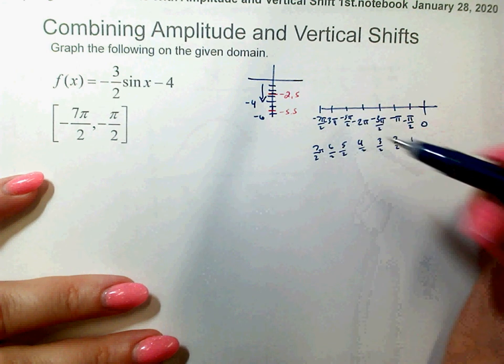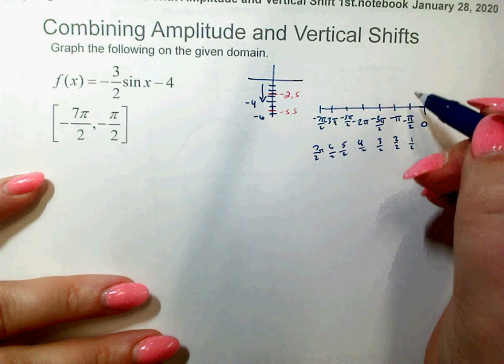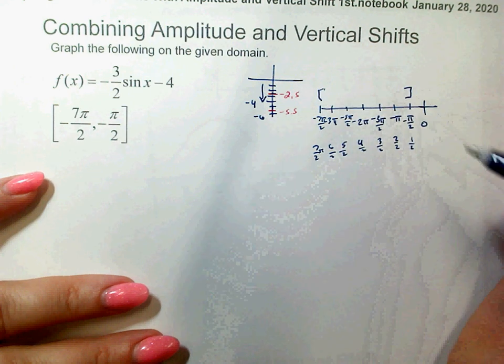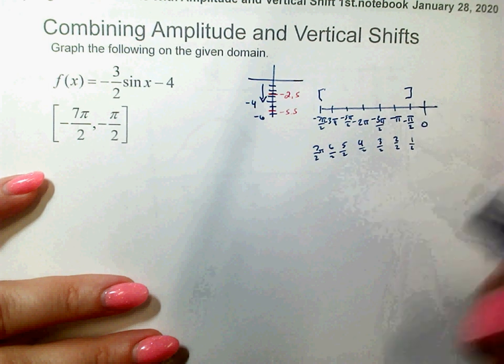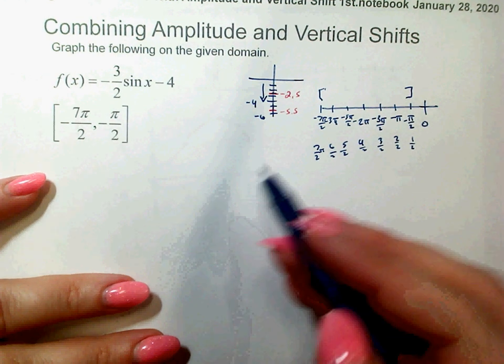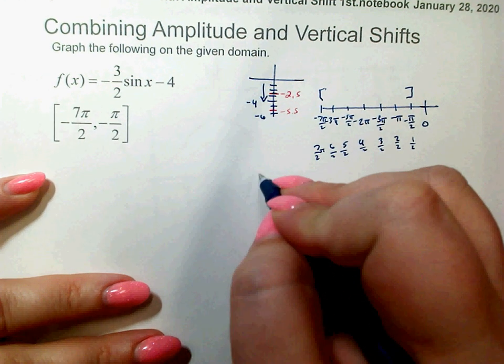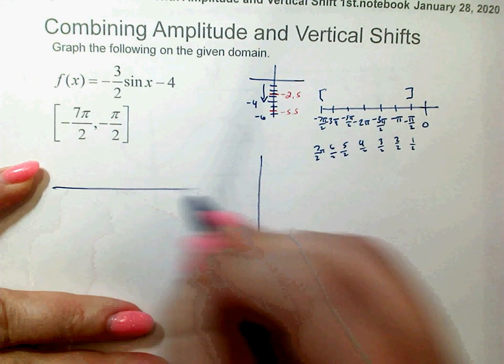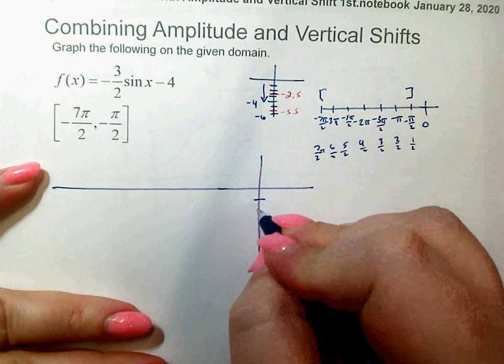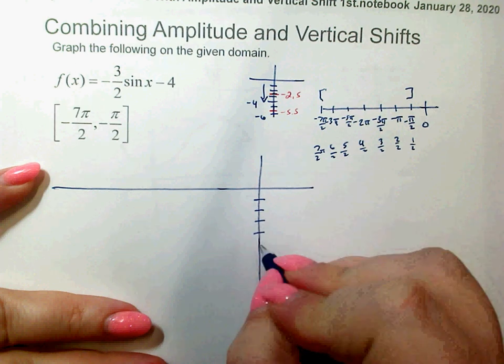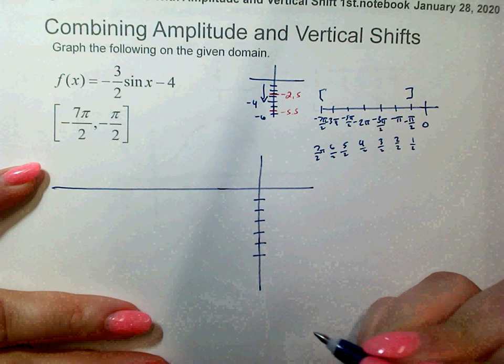Okay, so I need to go from here to here. Yeah? Okay, so I need to be below. I need to go down 4. 1, 2, 3, 4, 5, 6. So -4 is going to be my midline.